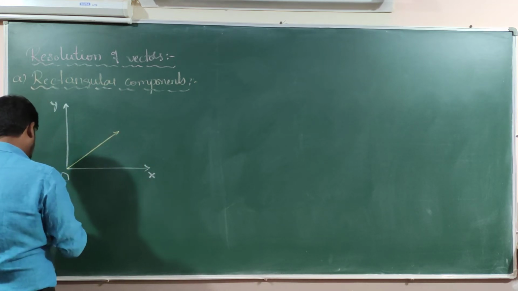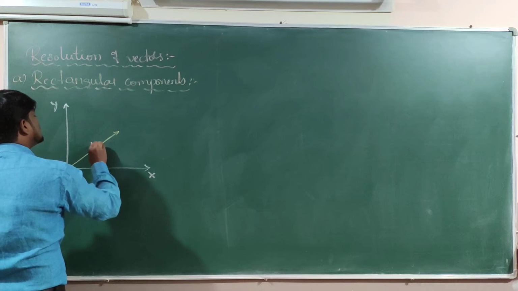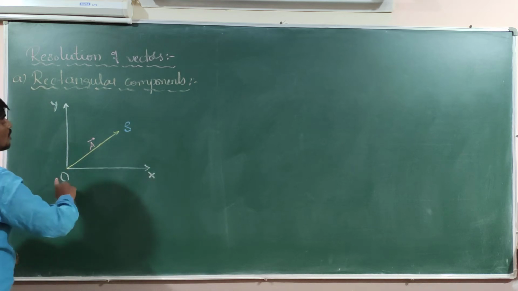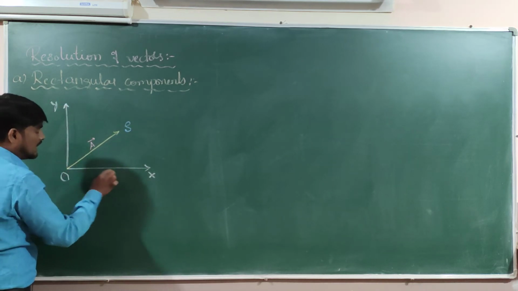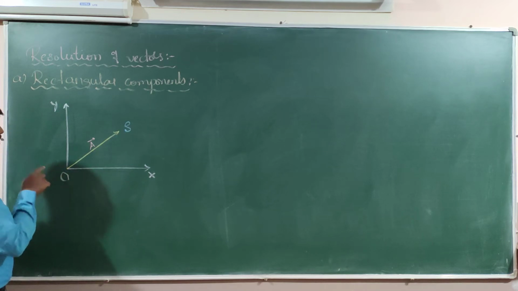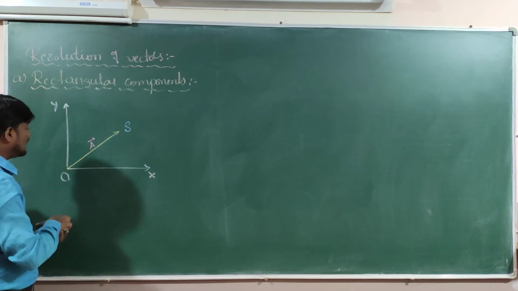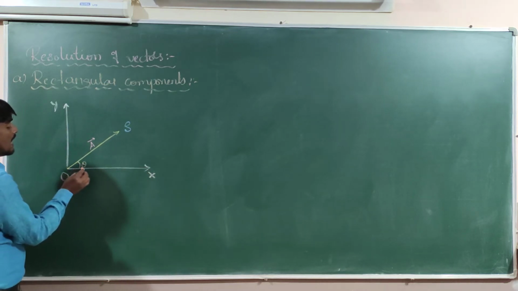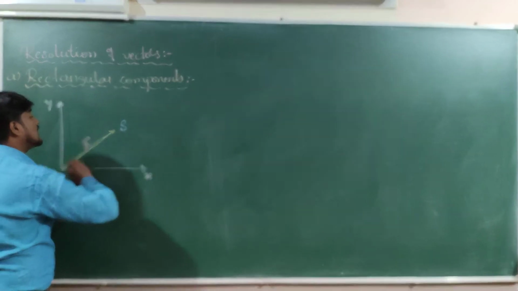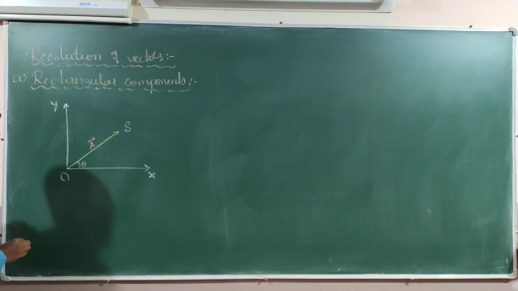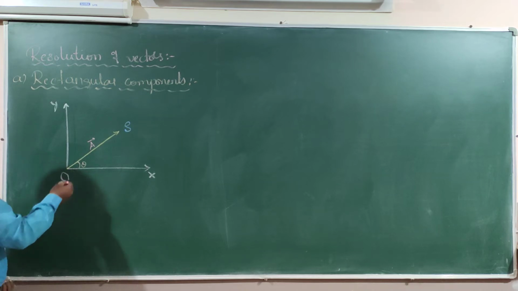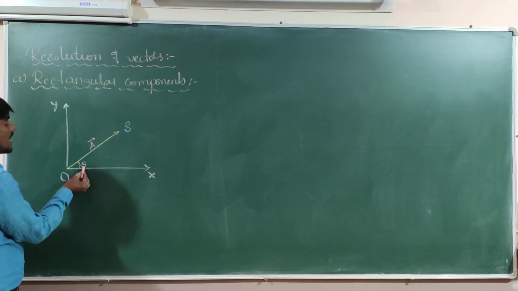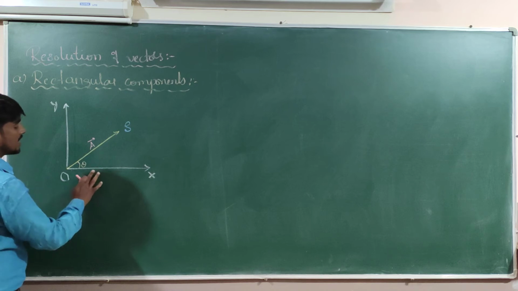Here I have taken vector A. OS is the vector lying in the xy plane, passing through the origin O, making an angle theta with respect to the x-axis. Please note down, the angle theta is with respect to the direction of the x-axis, not with respect to the y-axis. So consider vector A lying in the xy plane, making an angle theta with respect to the direction of the x-axis.